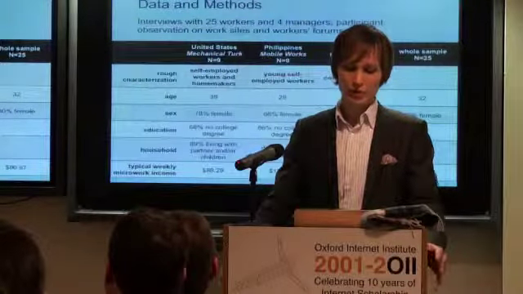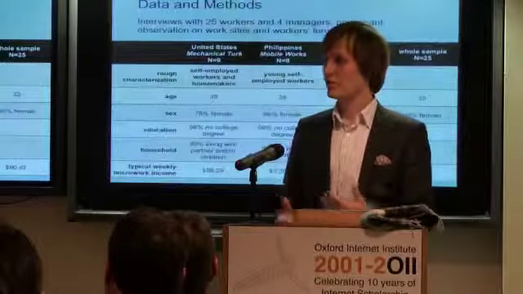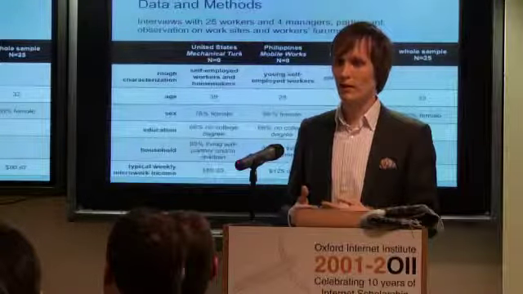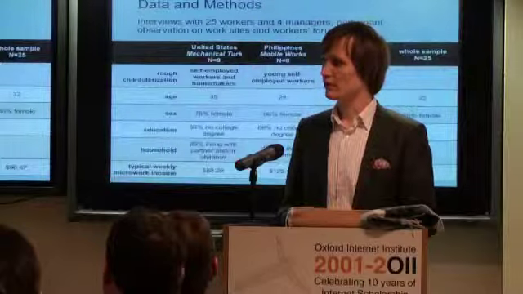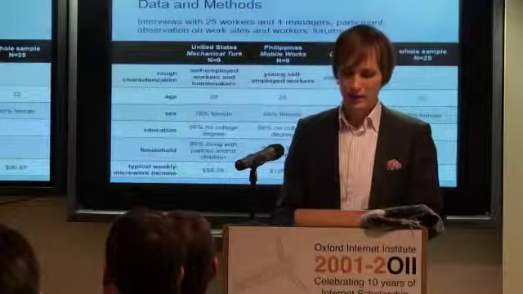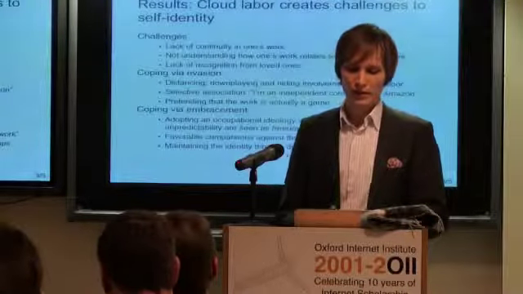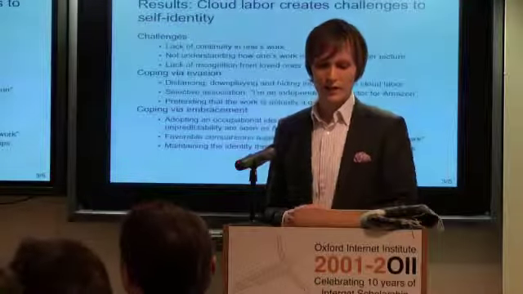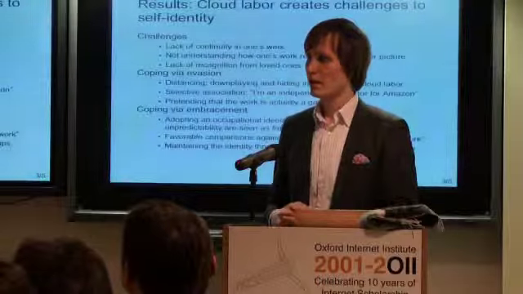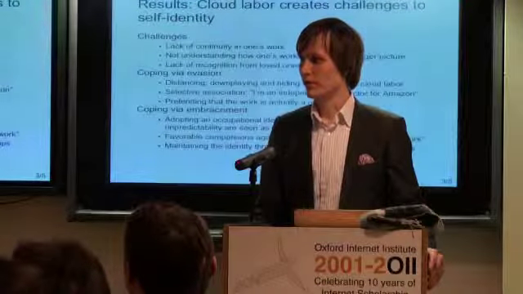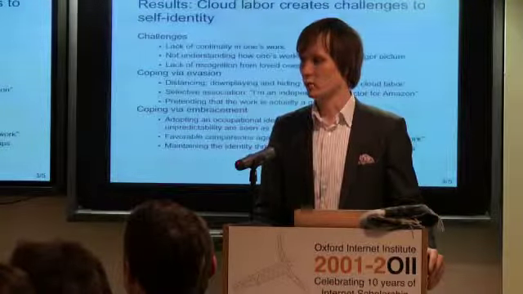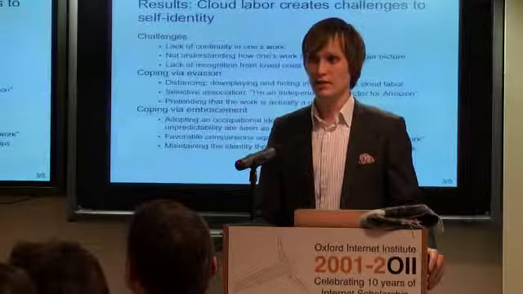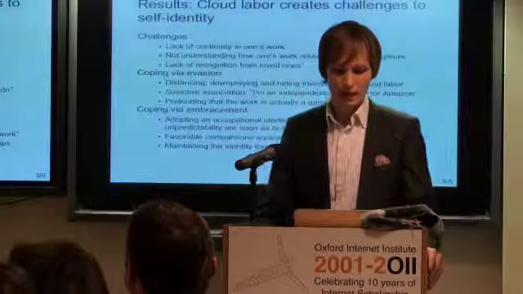But what if our employers and our jobs were constantly changing, even several times a day, as they do if you are a cloud worker, a sort of extreme type of freelancer? And so we found that our informants suffered a sort of identity stress, because they could not form a stable self-identity around their work, and they could not communicate that also to their friends and families, to their loved ones.